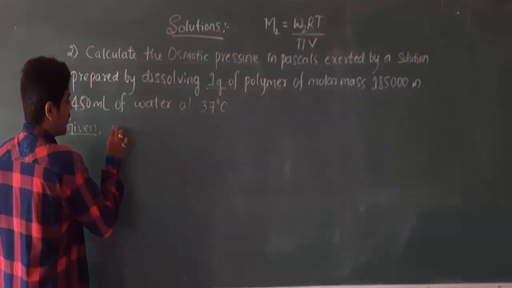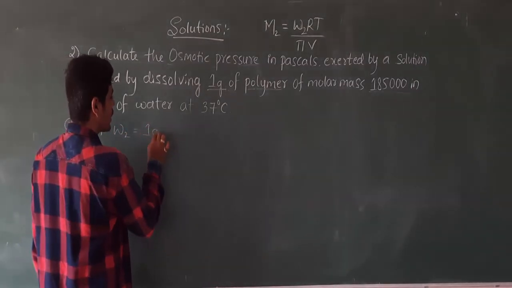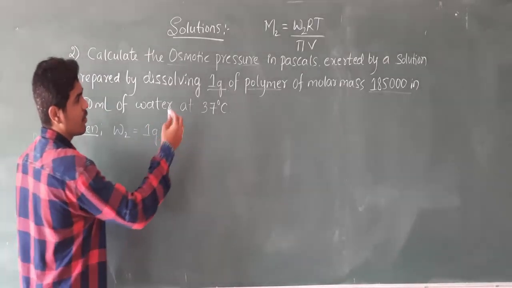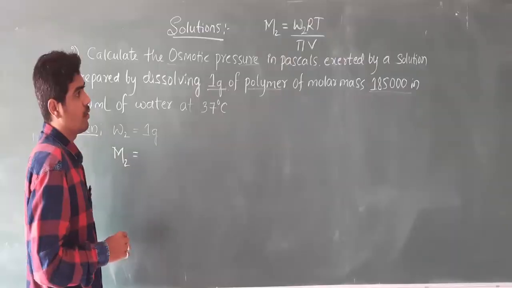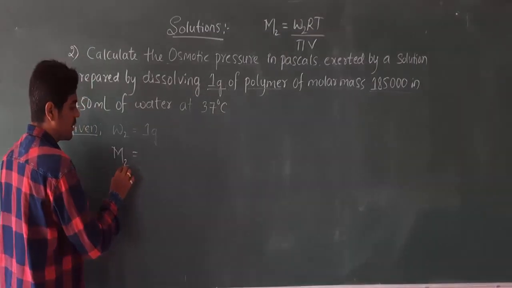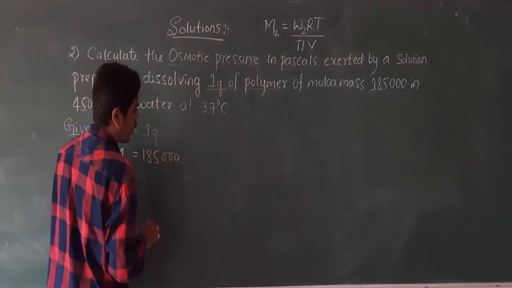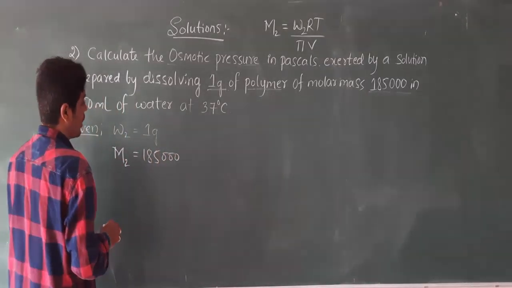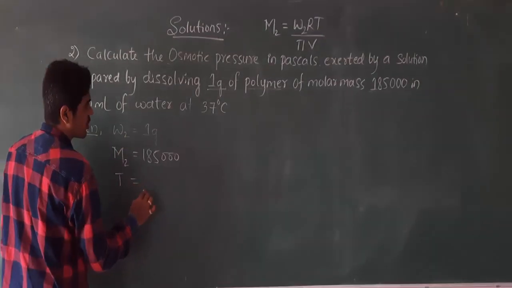So first, W2, the mass of the solute, is given, that is 1 gram. And the molar mass of the solute, M2, is 185,000 or 1,85,000.